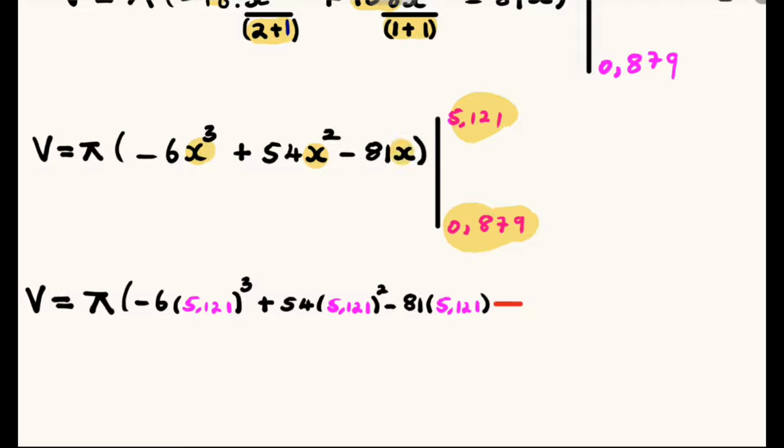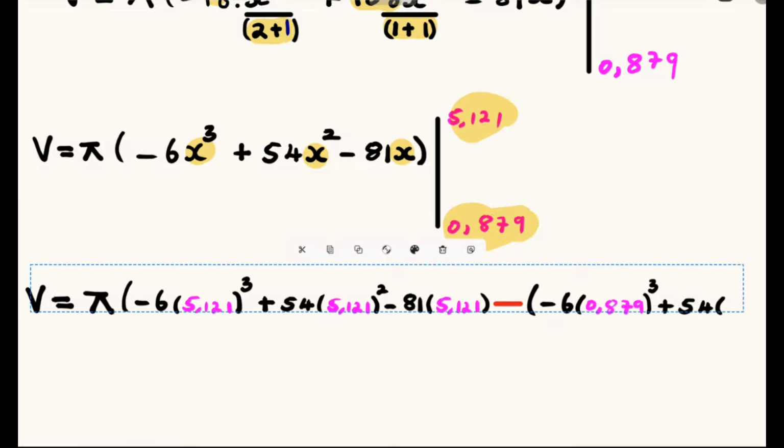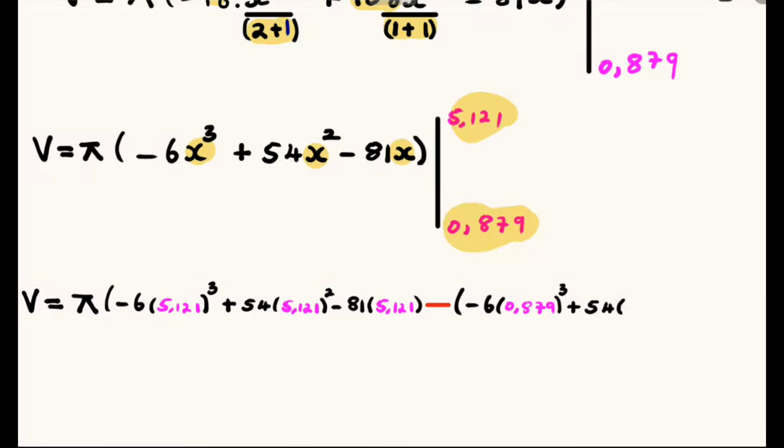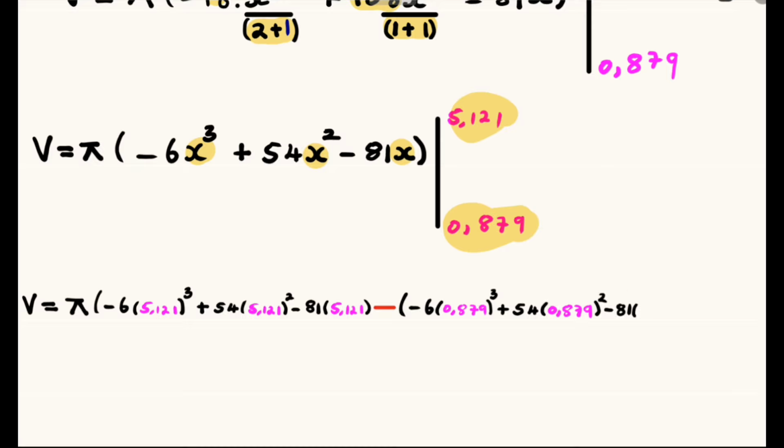So we have minus 6 multiplied by 0,879 raised to the power 3 plus 54 multiplied by 0.879 raised to the power 2 minus 81 multiplied by 0.879.